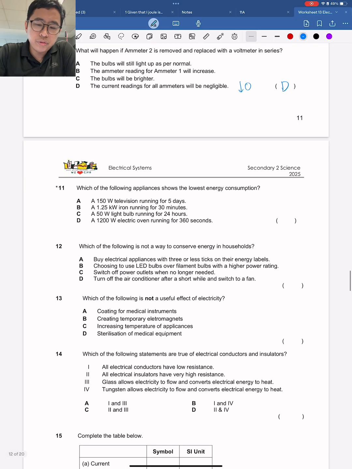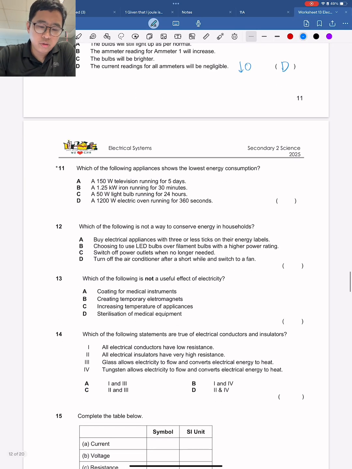Which of the following shows the lowest energy consumption? We need to convert everything to the same units. Generally, let's convert to kilowatt hours. So let's talk about it in kilowatts and in hours, and we get kilowatt hours.